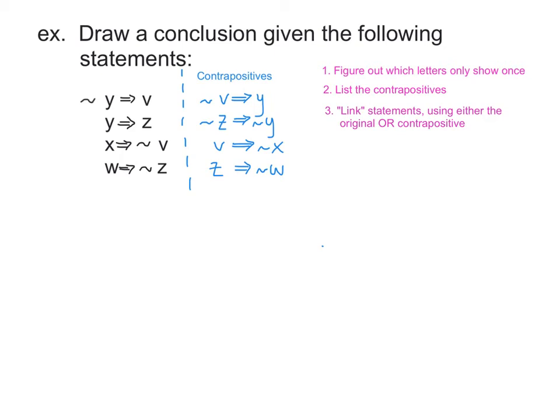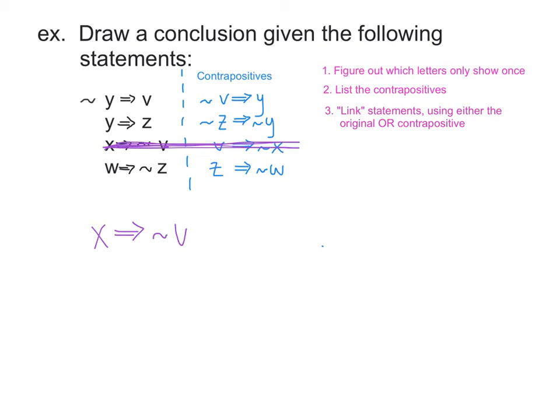Remember, we knew that our answers were going to be X and W. So I am going to start with the statement that has either X or W. I could start with either this one or this one on the left side. I'm going to just use statement number 3, and I'm going to start by saying X implies not V. Now I've used this piece right here, but I'm going to cross both that and its contrapositive off. It's done. Can't use it anymore.